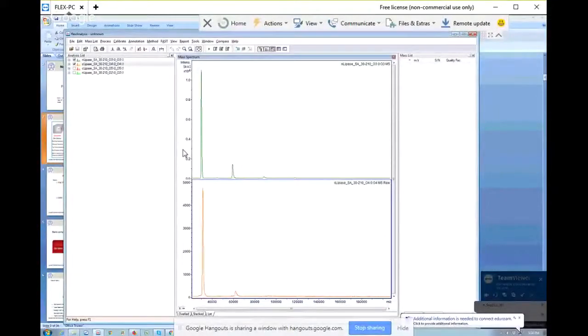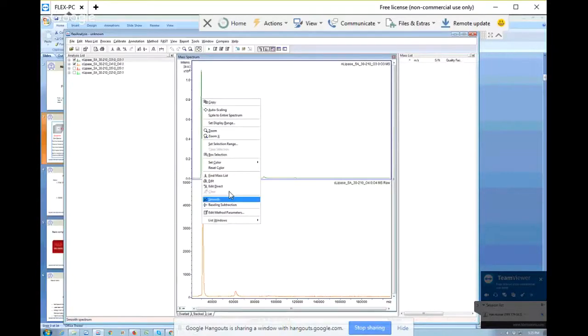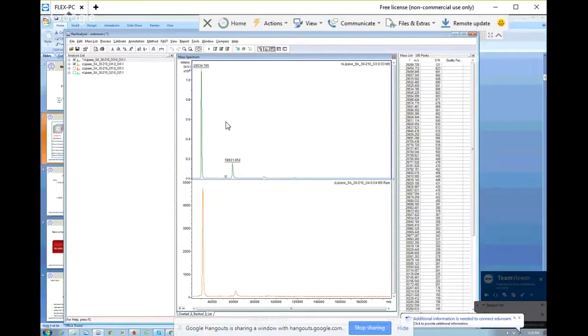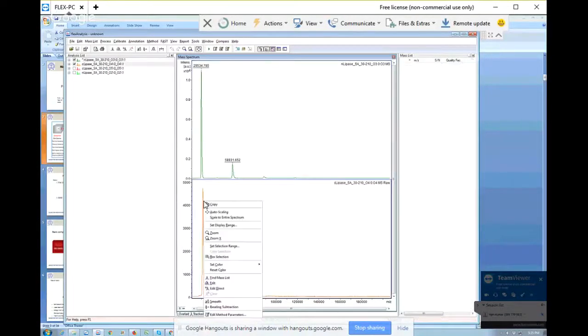Now here you can see the Flex analysis software. I opened two files. Here you can see there are peaks. There is one experiment where they want to see the shift in the mass of the protein. So here there are two peaks. We can label the mass list also.